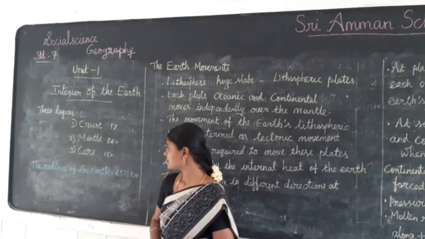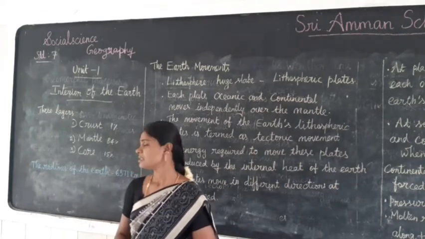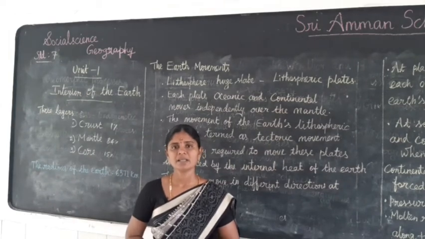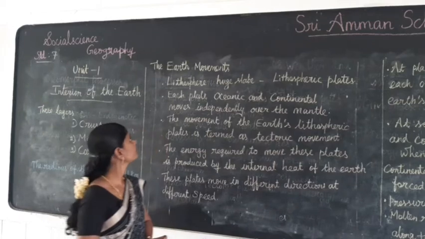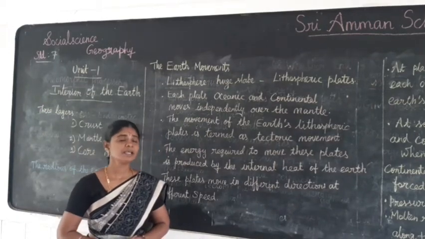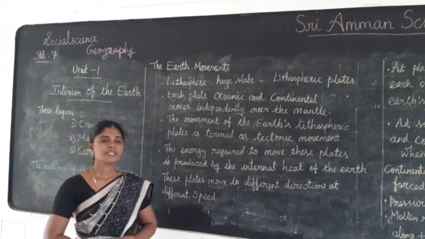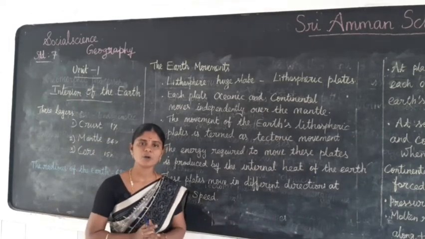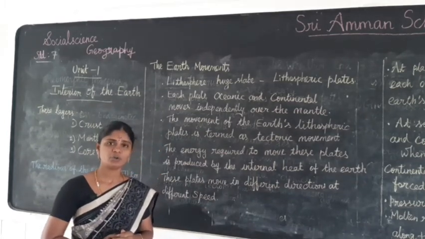The radius of the Earth is 6371 kilometers. In this lesson we learn about the Earth's movements. The lithosphere is divided into huge slabs of rocks, that are called lithospheric plates, or tectonic plates.